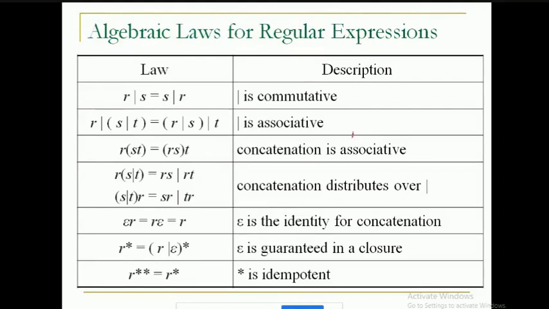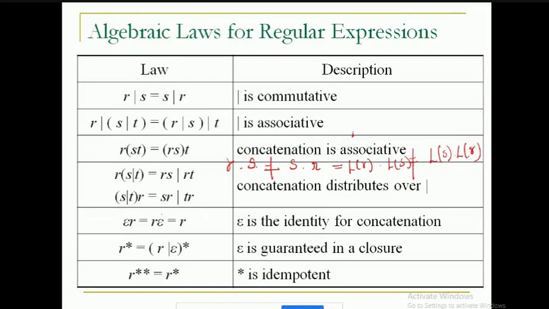If you take R into S, this is not equivalent to S into R, because you take the alphabets from the language R, and then it should be followed by the language S. This will not be similar to the content from language S followed by language R. Okay. But it is distributive, so we can write like this: R into S or R into T. That is, we can combine the OR operator as well as the concatenation operator like this, right?